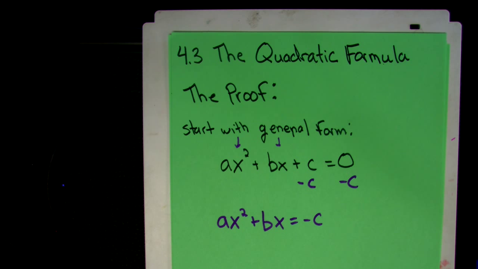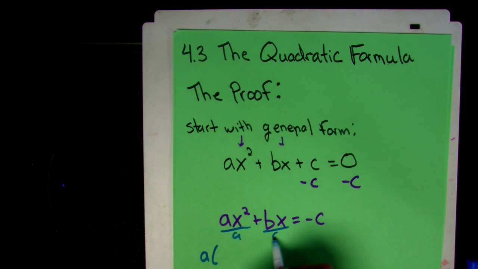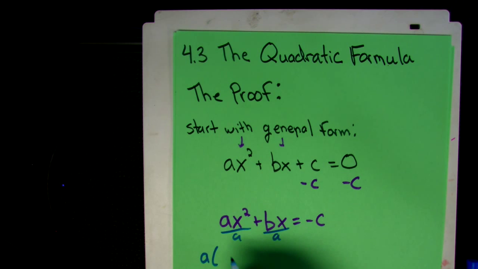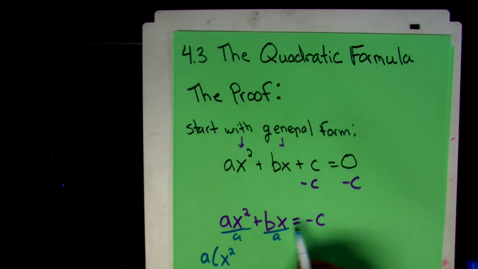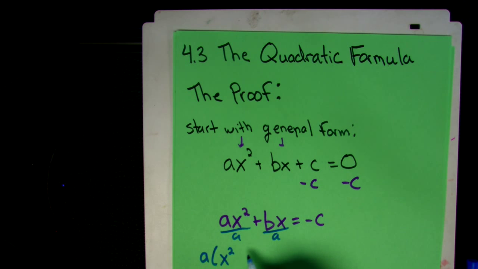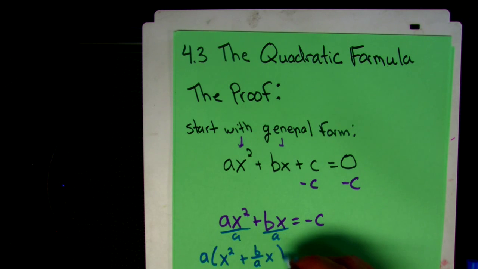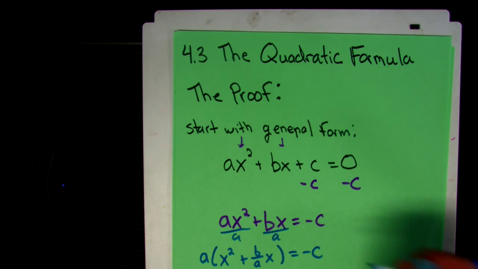When you factor out the a, it's almost like you're dividing every term by a. So ax squared divided by a becomes x squared, and bx divided by a becomes b over a times x. And that's equal to negative c.